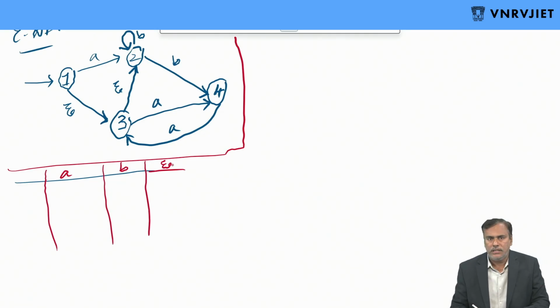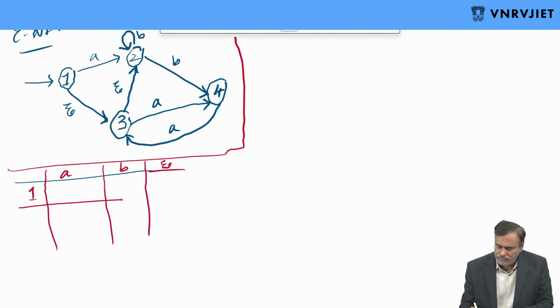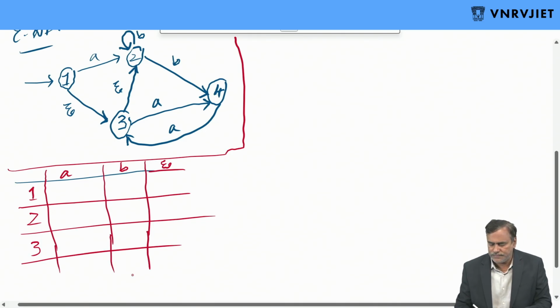On these symbols you have transitions. You know the states that you have in the diagram: 1, 2, 3, and then 4. So these are the states that we have here.